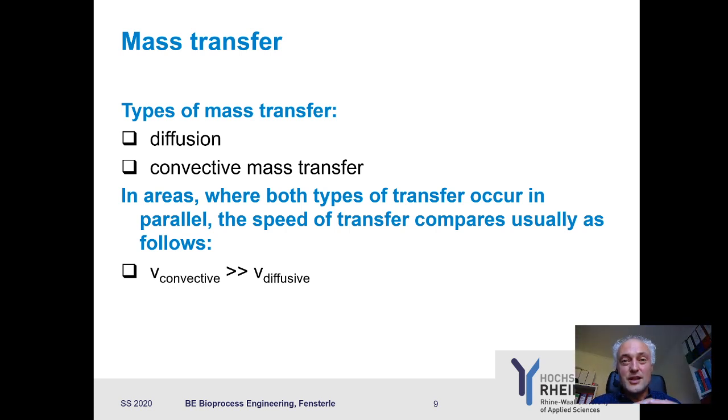If there is nothing which pushes it, it's just spontaneous diffusion. The speed of mass transfer is of course the interesting thing. When I have both types of transfer, the convective mass transfer is way faster than the diffusive mass transfer.